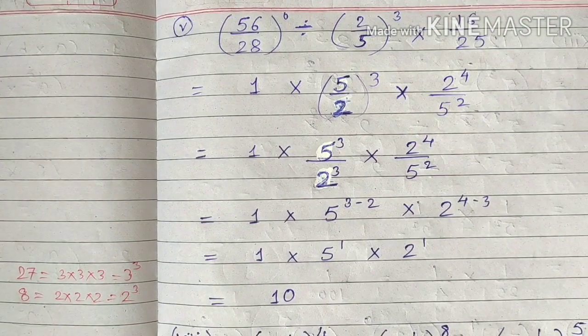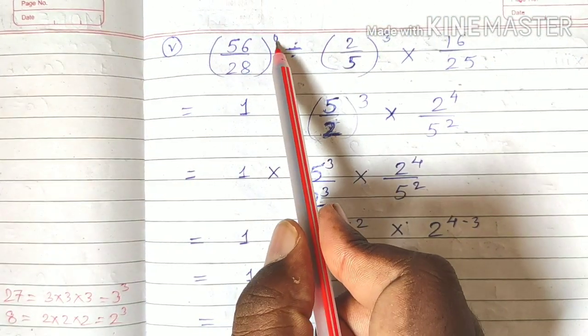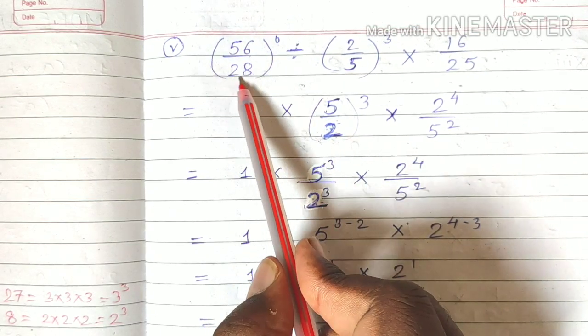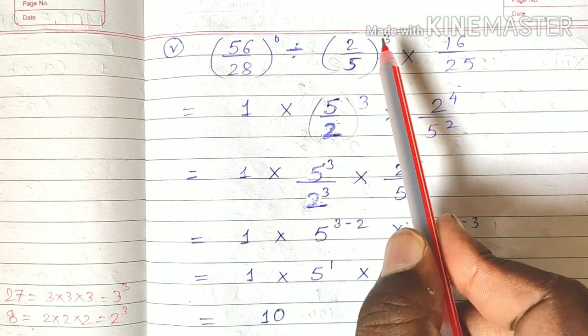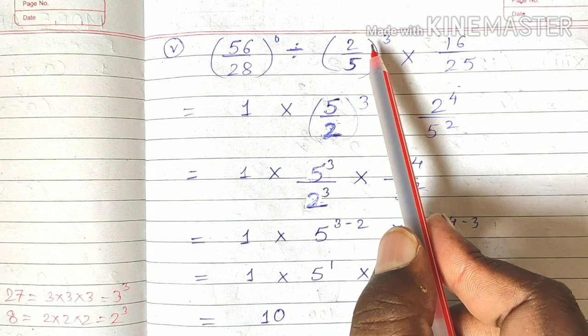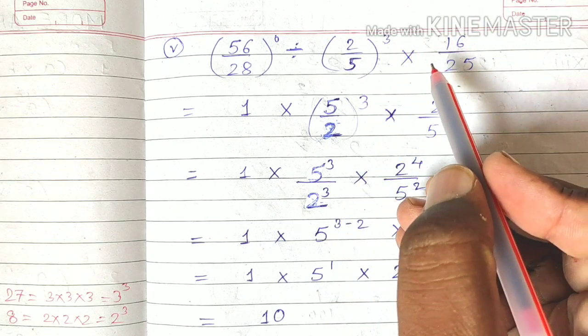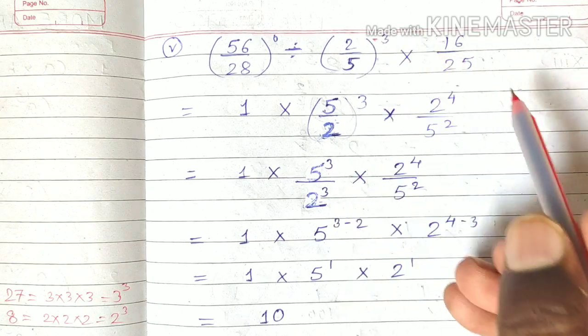Next is the fifth question that we are learning. See, anything raised to 0, we know that anything raised to 0 is 1. So we have substituted by 1. Actually it was minus 3.